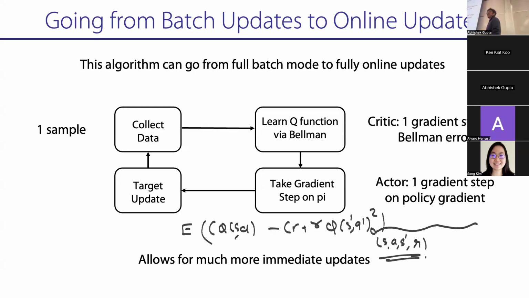Maybe when you sample A prime, Q of S gets extrapolated. But that's maybe true even in the batch setting, right? One issue is that you have really high variance because you're not doing things on a batch, you're doing things on individual tuples.